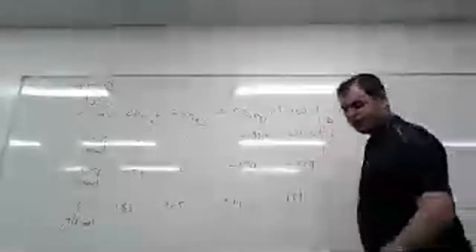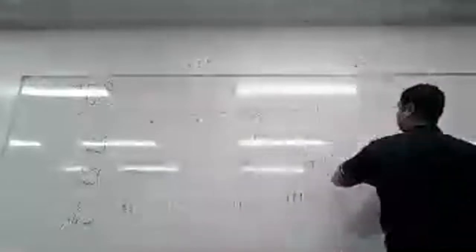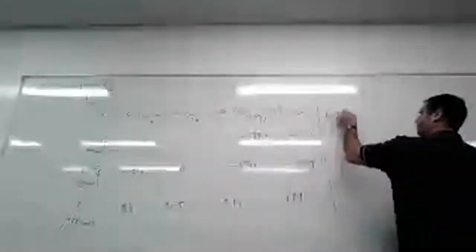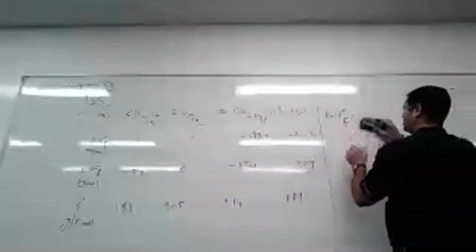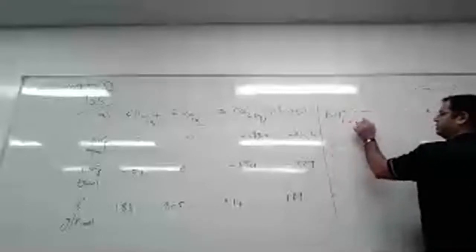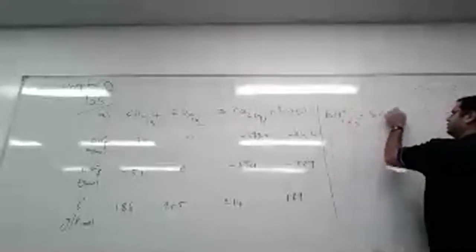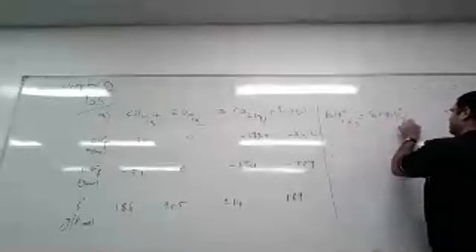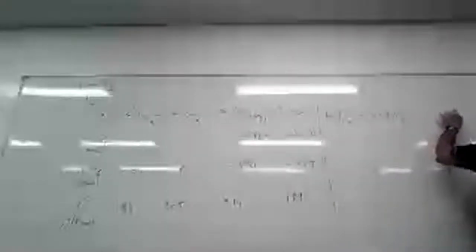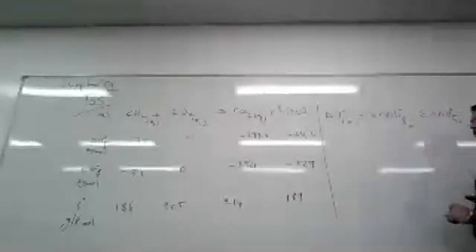I will start solving the exercise, delta G, or let's start with delta HF. So what's the first relationship? Delta H for the reaction is equal to the sum of n delta HF of products minus the sum of n delta HF of reactants.